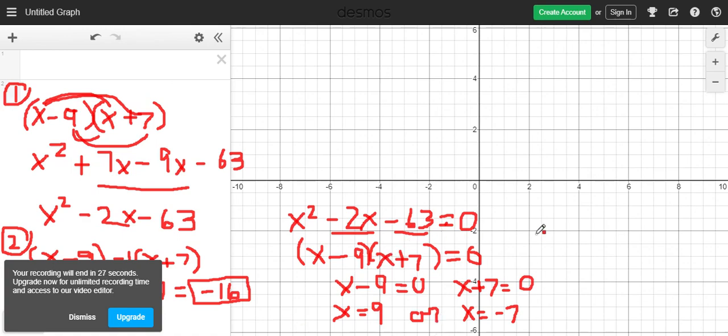So x equals 9 or x equals negative 7. And we could also graph this. And if you graphed it, you would see that it goes through an x value of 9 or at an x of negative 7.